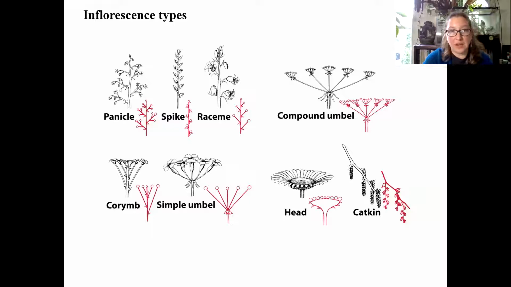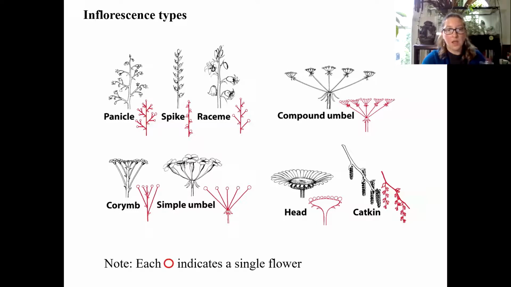Remember, an inflorescence is a group of flowers, and there's a whole bunch of different types. Here is a summary slide of the different types, and we're going to go through a few of them right now to help you understand these arrangements. On this slide and the subsequent slides, every time you see a little red circle, that indicates a single flower.